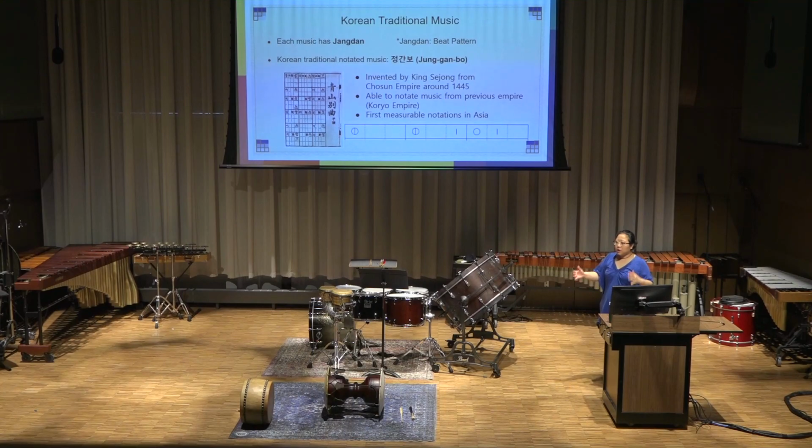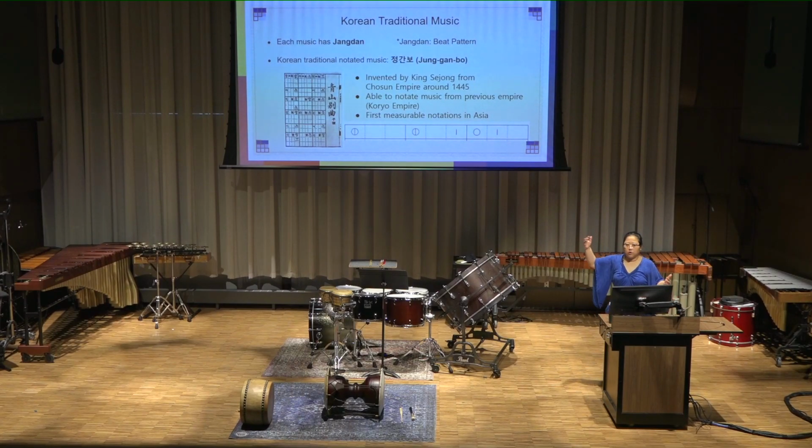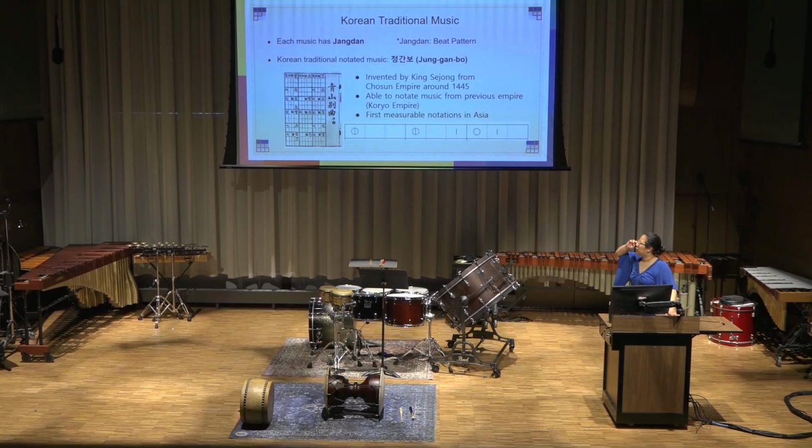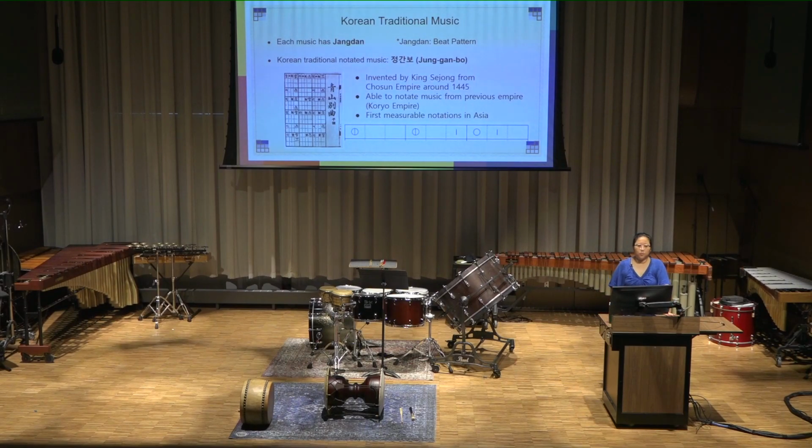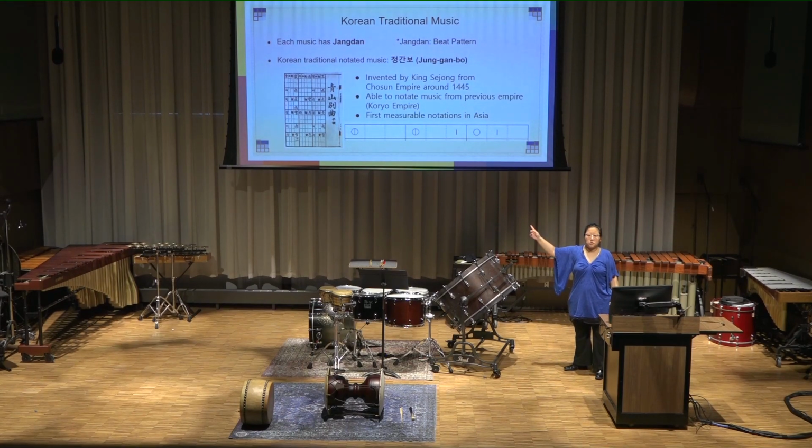The beat pattern in English is named 장단 in Korean, and I'm going to use that word a lot as well. The notation system that we use in Korean traditional music is named 정간보. On the left, that's the melodic notation.